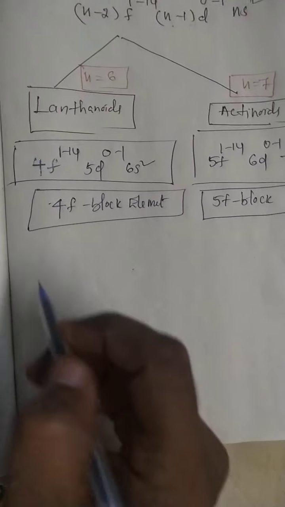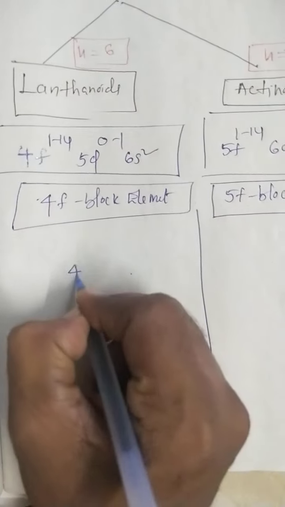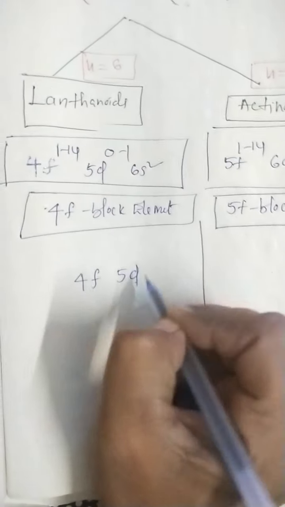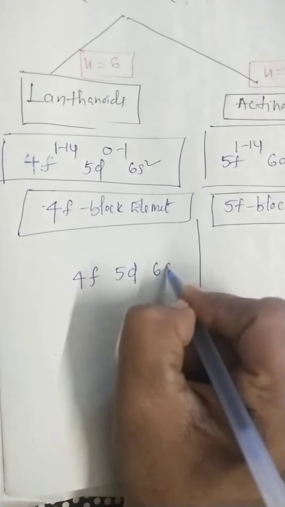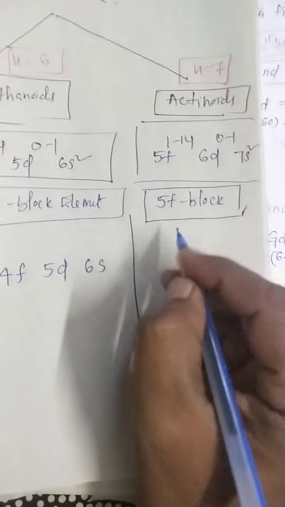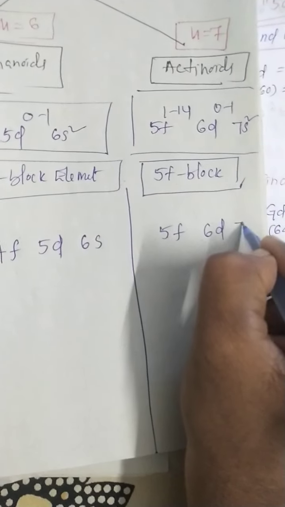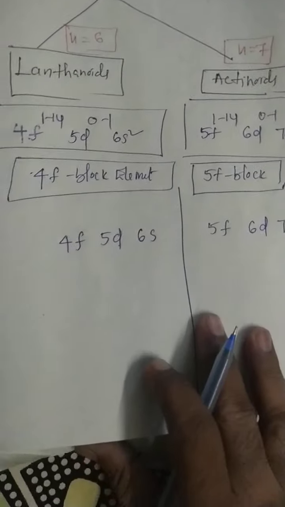One common point for lanthanides: 4f, 5d, 6s are common. For actinides, 5f, 6d, 7s. This is the common electronic configuration.